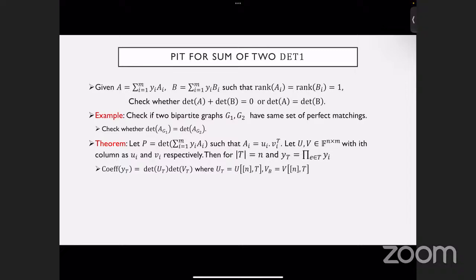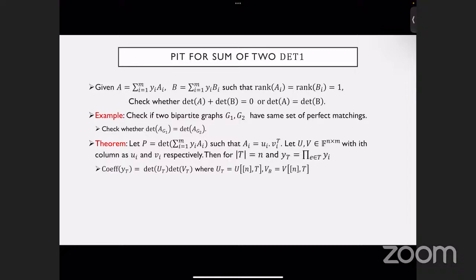So for the polynomials from this class, actually it is known exactly what the coefficients of the monomials are. So suppose this P is a polynomial which is represented as the determinant of sum of AI times yi, such that the matrix coefficients AIs have rank 1.